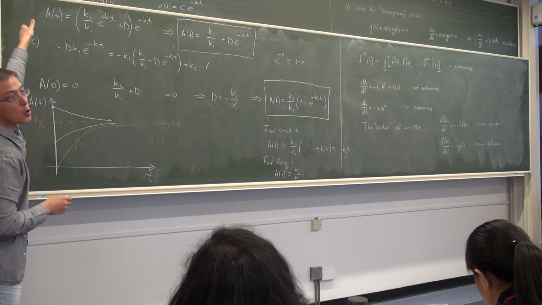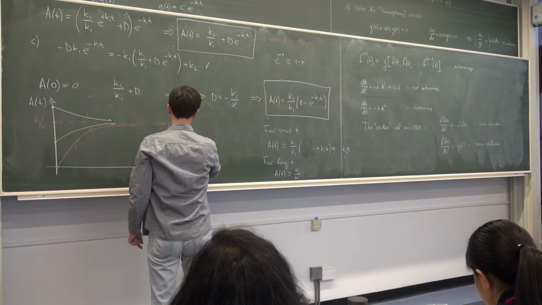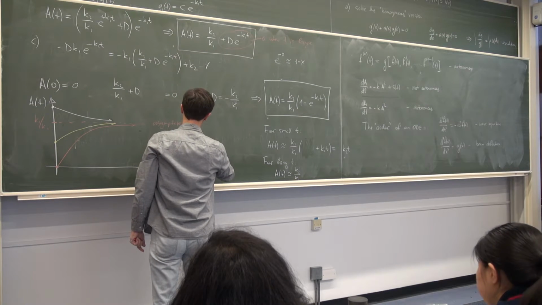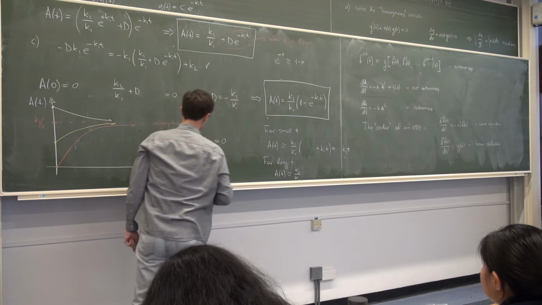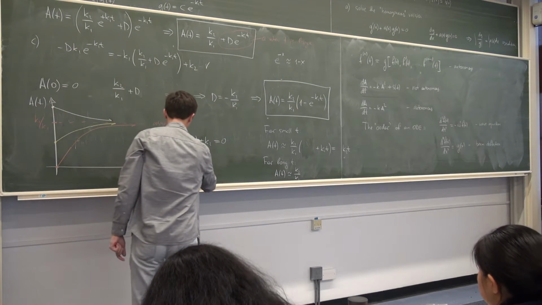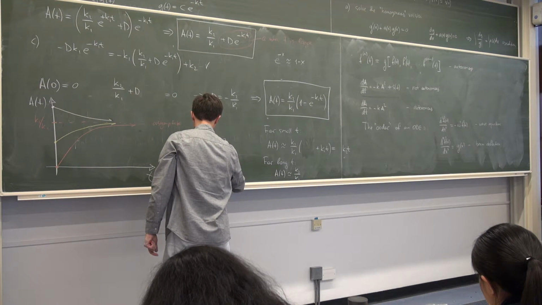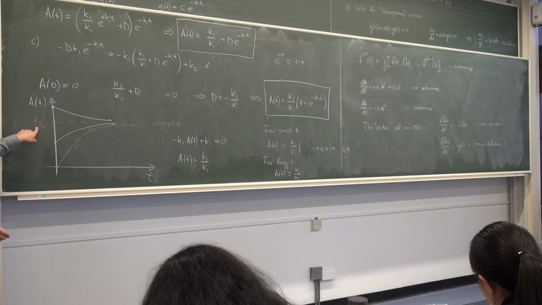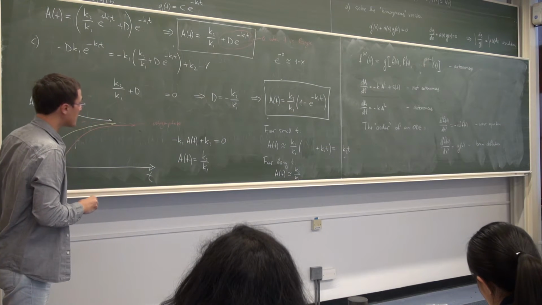When the concentration no longer changes, the derivative is 0, and so we must have minus K1 A of t plus K2 equal to 0, right? That's a steady state, and therefore A of t is actually also K2 over K1, exactly as we have here.